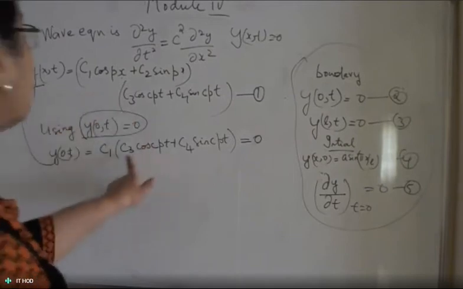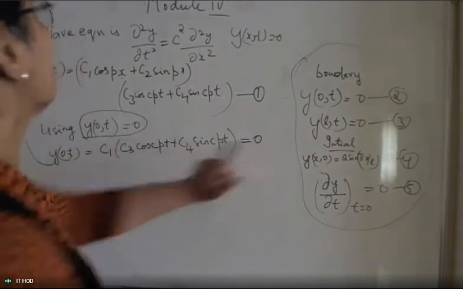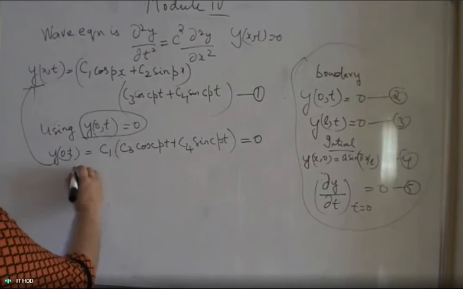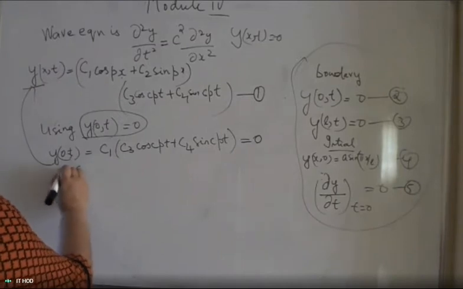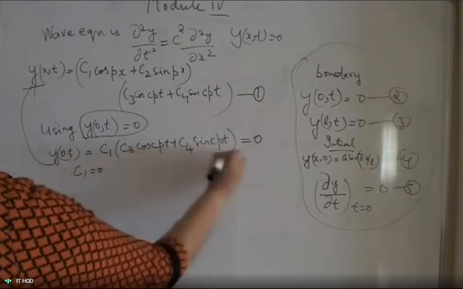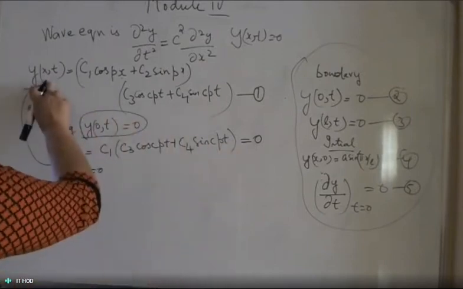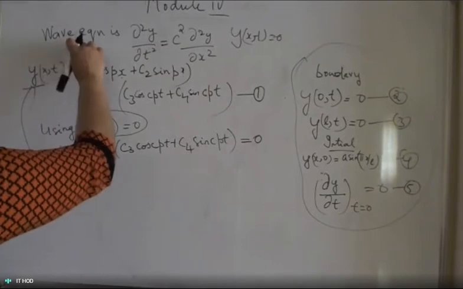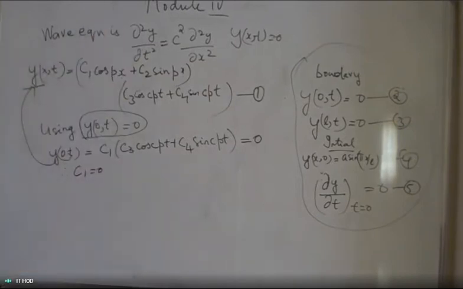That is why we take C1 equal to 0. Therefore C1 equal to 0, and the other factor cannot be 0.